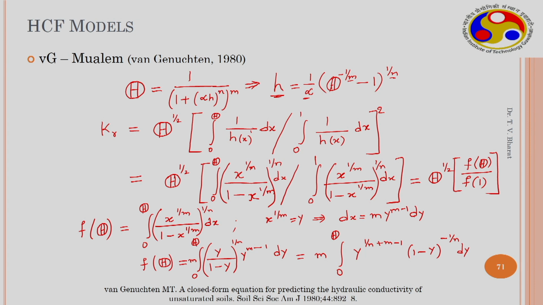Here also theta power 1 by m should be substituted. So here also the integration variable changes from 0 to theta power 1 by m, because we are substituting this value, it goes from 0 to y. So here this is theta power 1 by m. So this is the change.